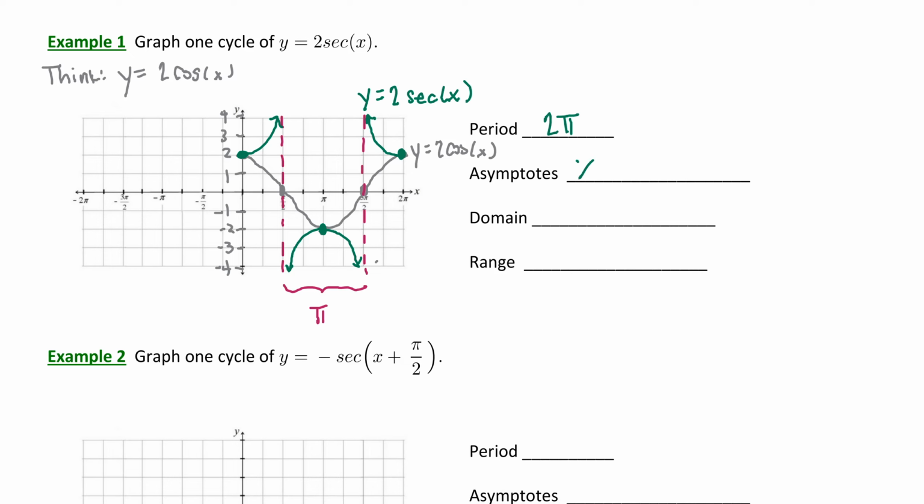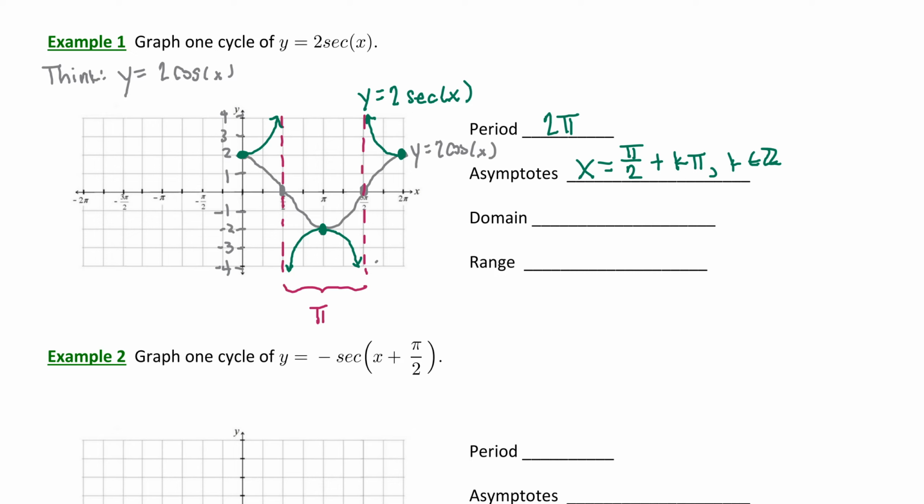Because there was no horizontal transformation here, the asymptotes for the entire secant curve, not just the fundamental cycle that I've graphed, but the entire secant curve, would be at pi over 2 plus a multiple of pi on either side. So I could add a positive multiple to get asymptotes to the right. I could subtract a multiple to get asymptotes to the left.